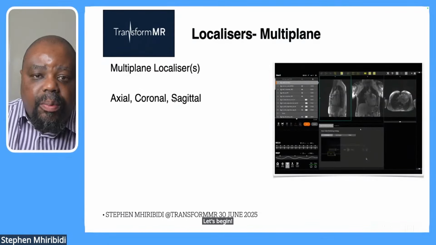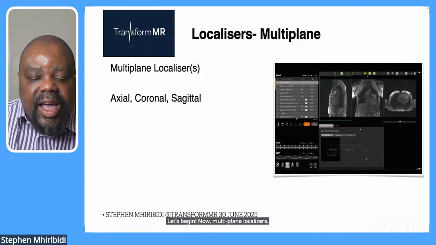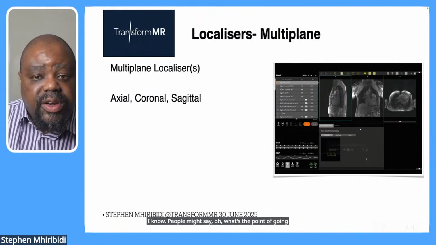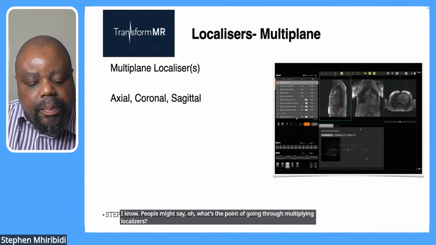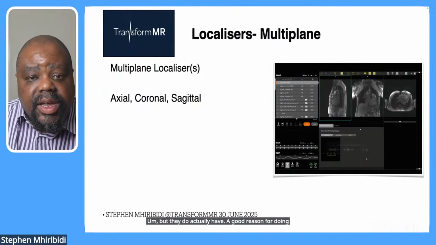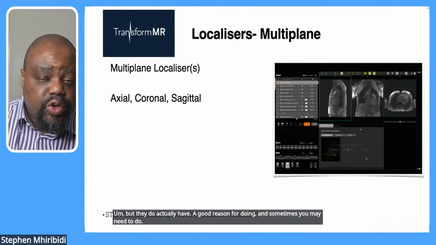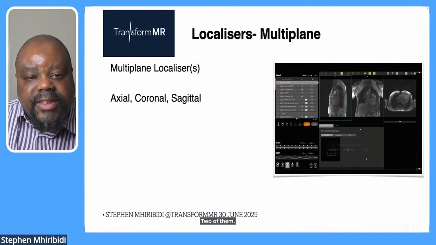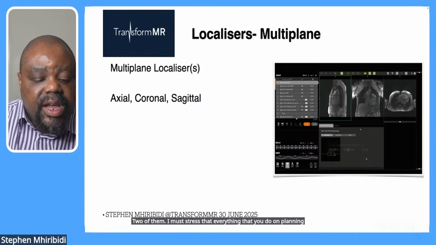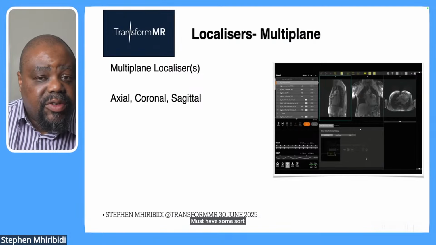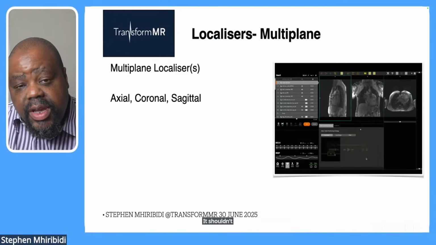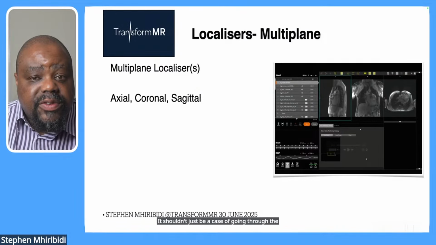Now, multiplane localizers. I know people might say, oh, what's the point of going through multiplane localizers? But they do actually have a good reason for doing, and sometimes you may need to do 2 of them. I must stress that everything that you do on planning sequences must have some sort of technical significance on your output images, i.e., it shouldn't just be a case of going through the motions or just following protocol.